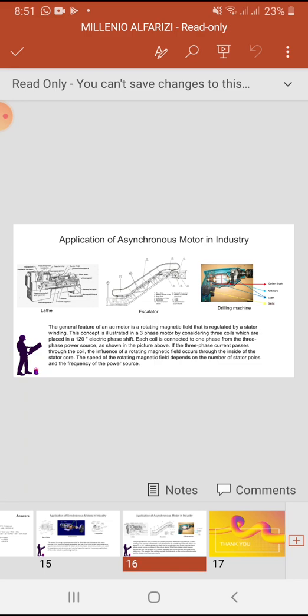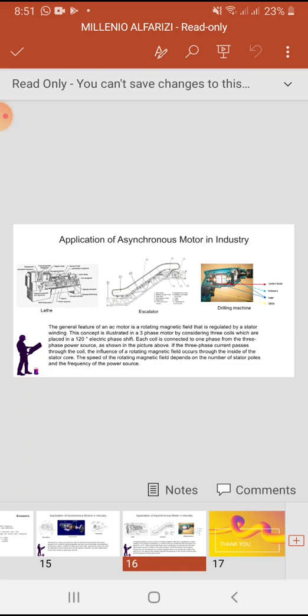Application of asynchronous motors in industry. The general feature of an AC motor is a rotating magnetic field that is regulated by the stator winding. This concept is illustrated in a three-phase motor by considering three coils which are placed in a 120 electric phase shift. Each coil is connected to one phase from the three-phase power source.